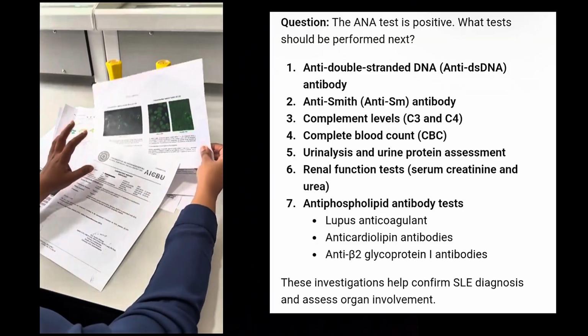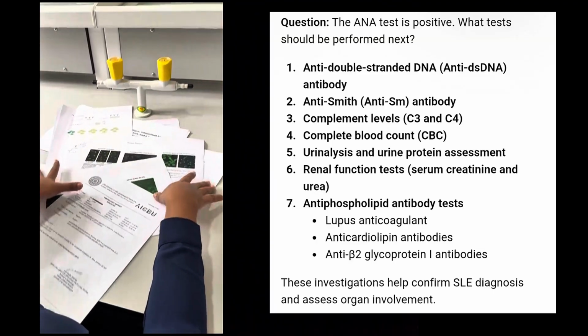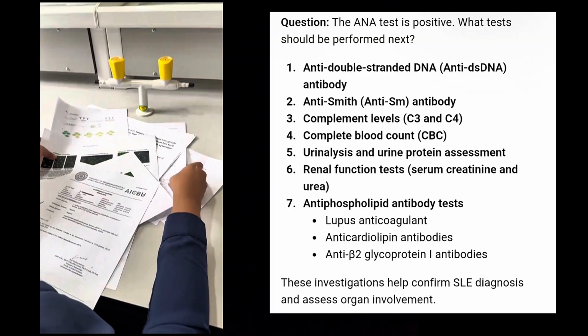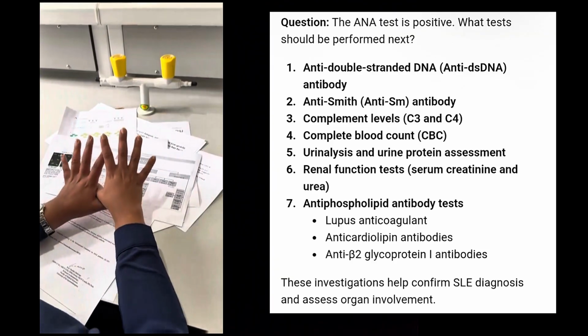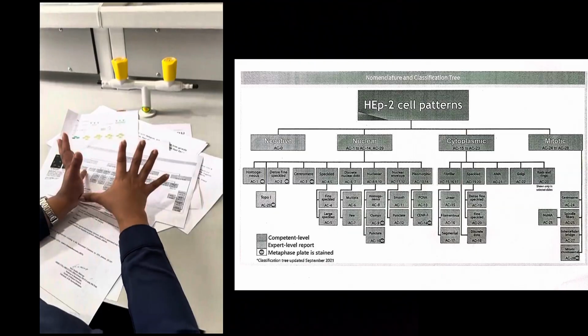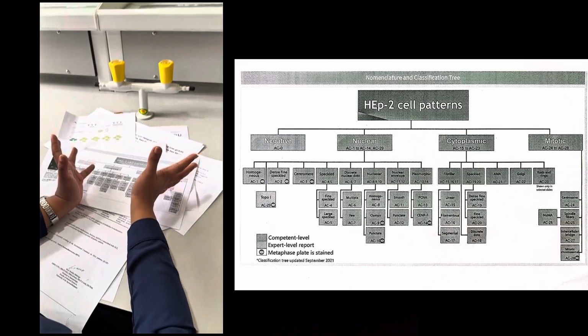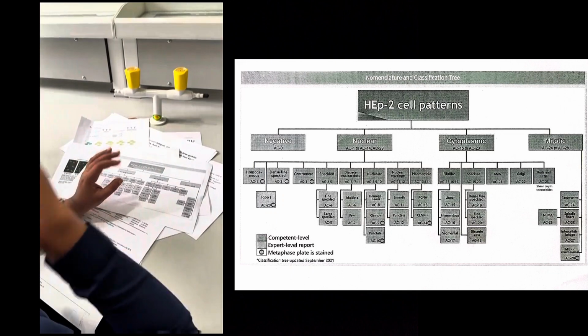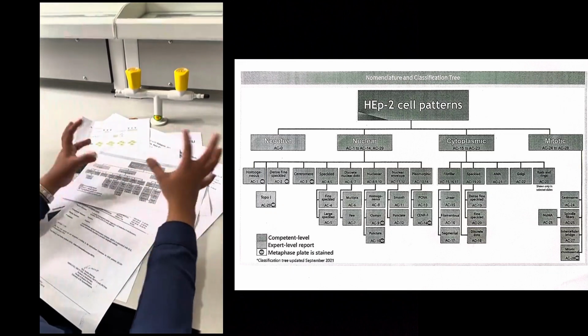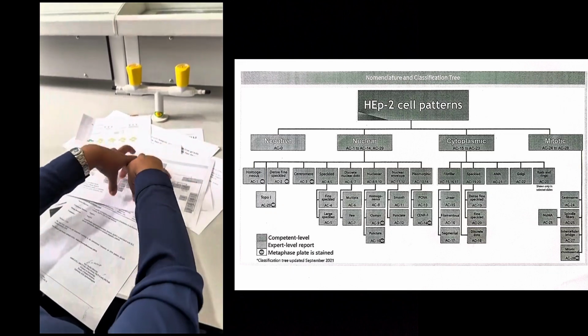Now, if a certain pattern is positive, we cannot specifically predict the disease from it. From all the patterns observed so far, immunologists and researchers all over the world have put them together into a nomenclature.